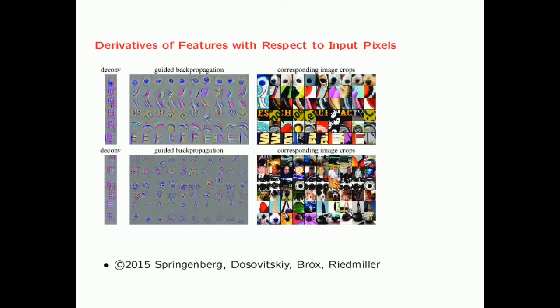As you can see, each time these gradients light up for particular types of images. So you can see what the features are learning. They're looking for particular shapes in layers. In some cases, they're looking for, for example, faces of dogs, or faces of people, or particular parts of flowers.